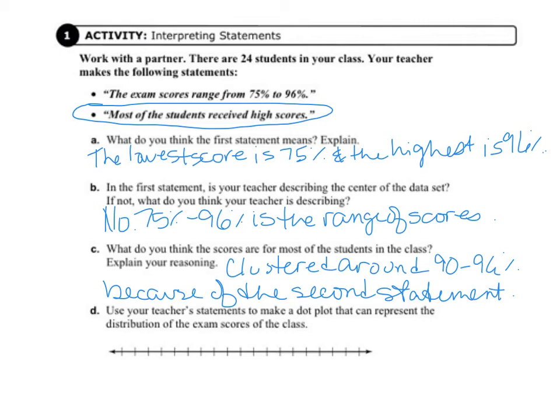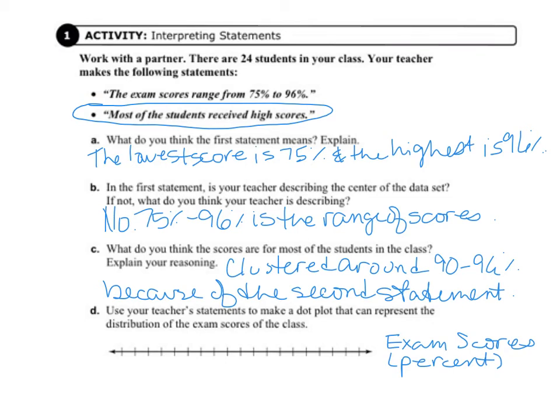Your assignment for this lesson is going to be to create the dot plot, and you need to write exam scores, and you need to write in parentheses the word percent, and then you are going to fill in the numbers on the number line, and you are going to fill in some dots.